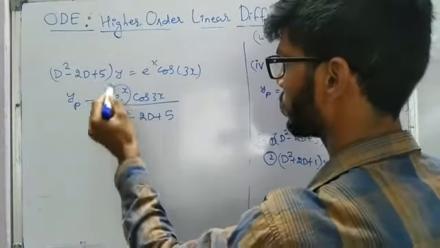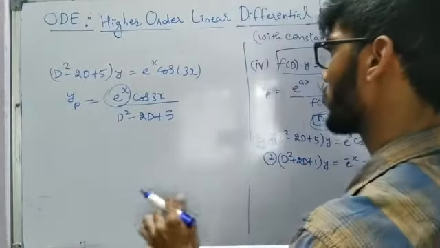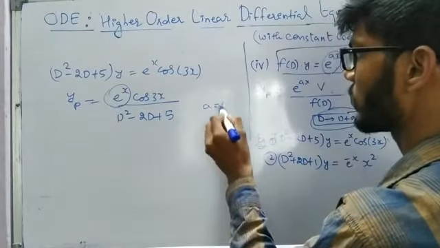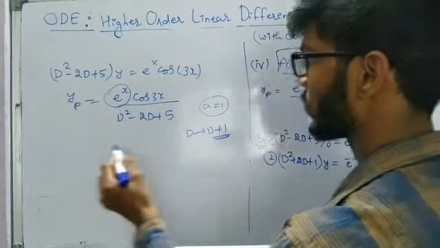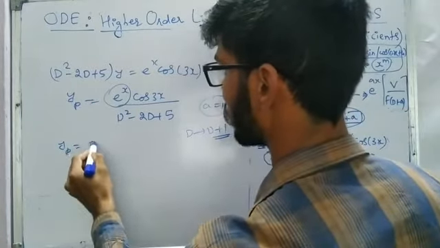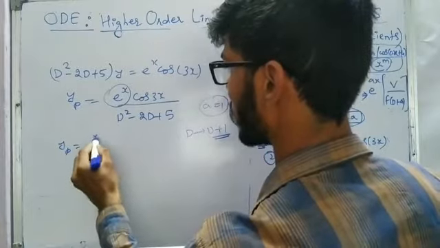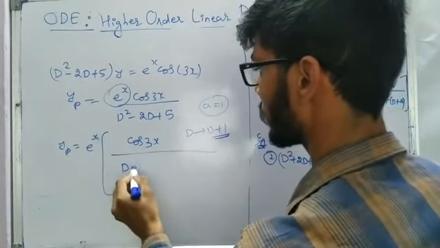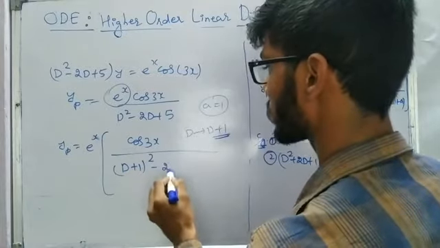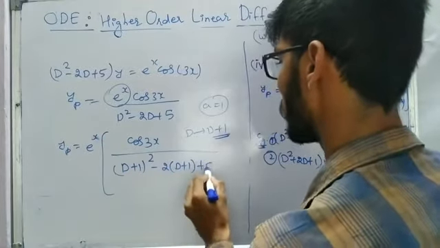So what we have to do? First we have to separate e power x. So a is nothing but 1. So replace d by d plus a, so d plus 1. So write yp is equal to e power x, separate, cos 3x divided by d plus 1 whole square minus 2 times d plus 1 plus 5.